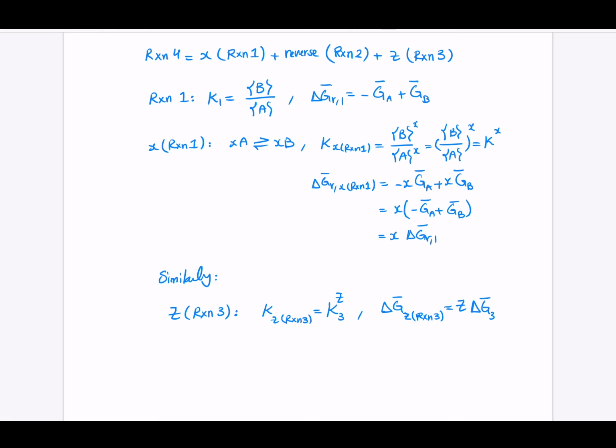So the only thing left is to deal with the reverse of reaction 2. And at the end, we just combine all three together.